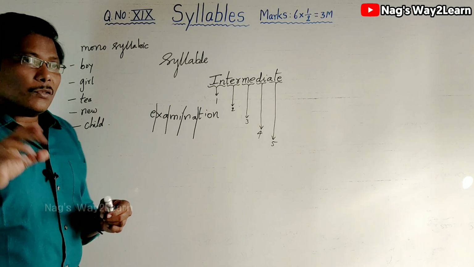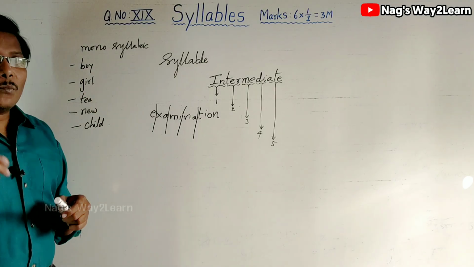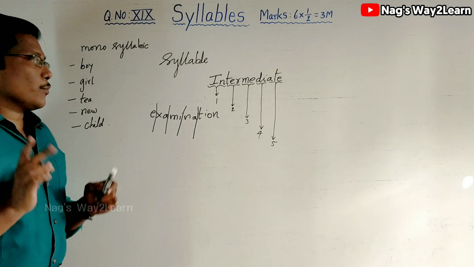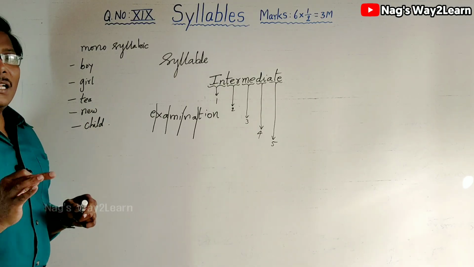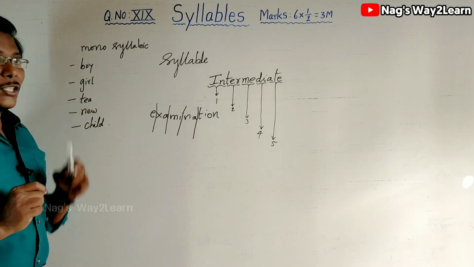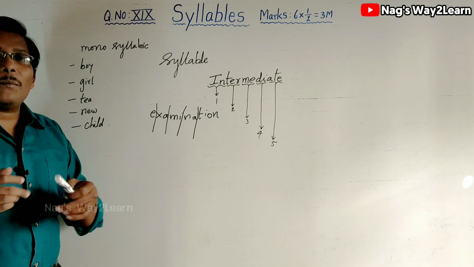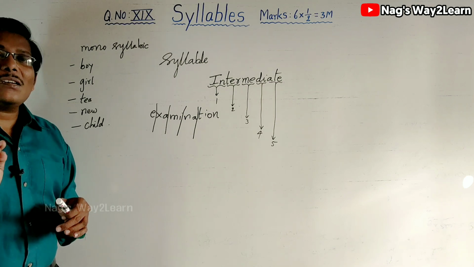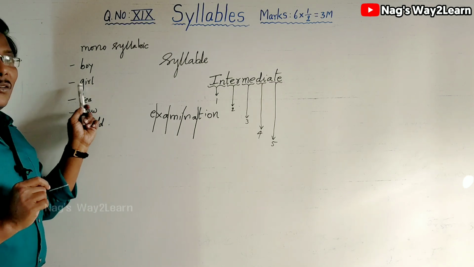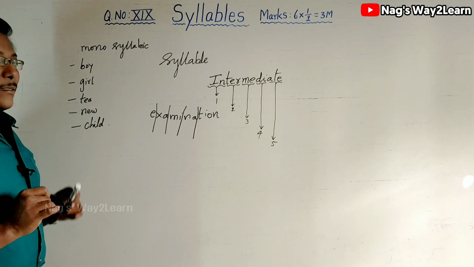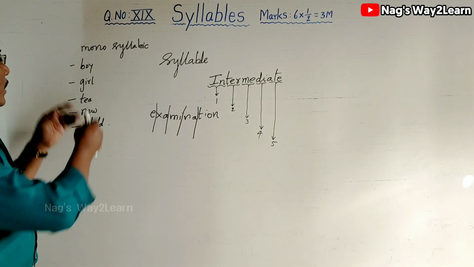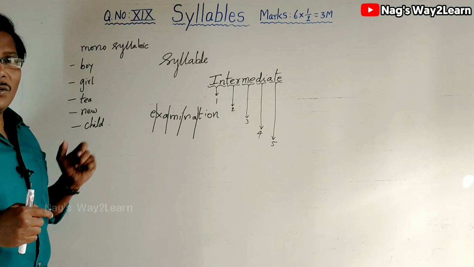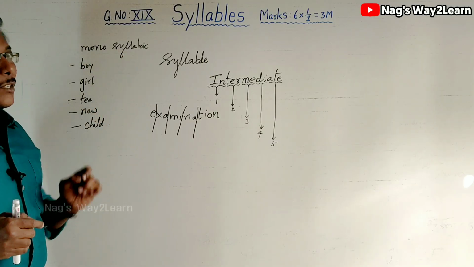Okay, if you observe these words, boy, there is only one sound, so this is a monosyllabic word. Girl. There are 4 letters in this word, and these 4 letters combine and give a unique sound, girl. So there is only one syllable. Tea, one syllable, new, and child. There is only one syllable in these words. These are called monosyllabic words.